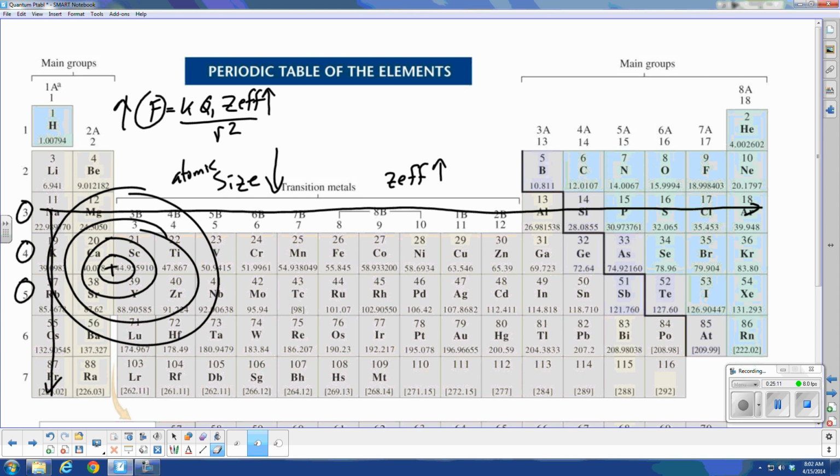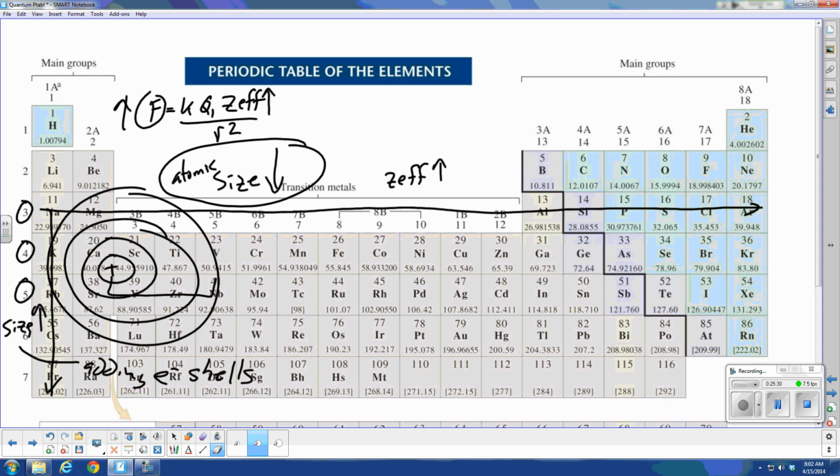So as I go down, my atomic size increases. And why is that? Because I am adding electron shells. Got it? And once again, why did my size go down as I went from left to right? Because my Z effective went up. Okay, good. Next.